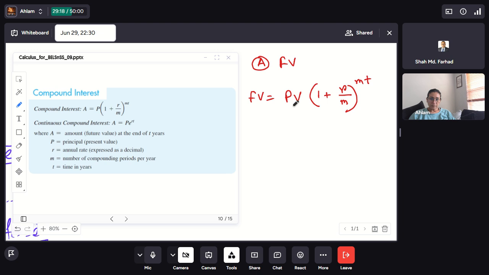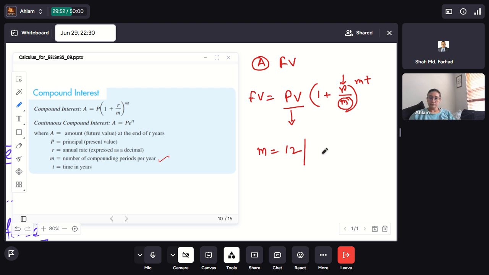Here the present value is the principal amount, r is the rate of interest, and m is the number of compounding periods per year. If the interest is compounded monthly, the value of m will be 12.